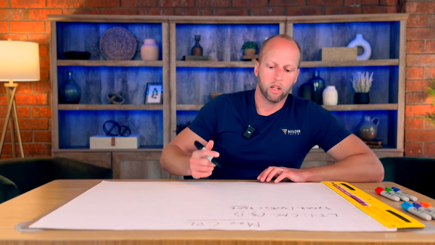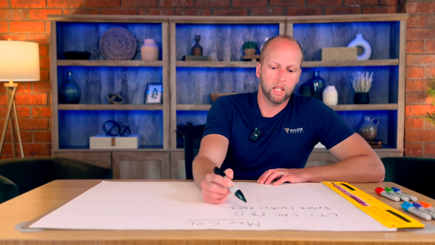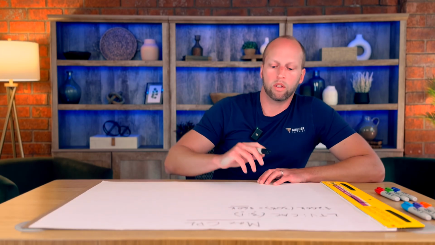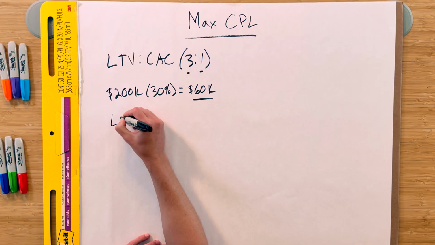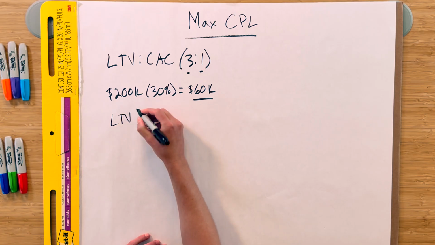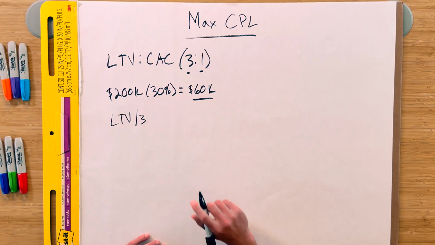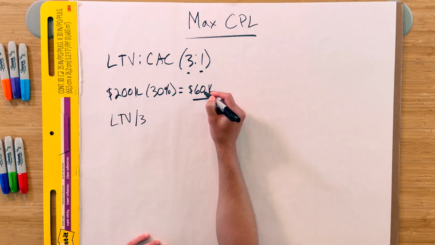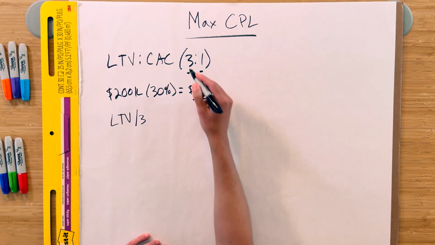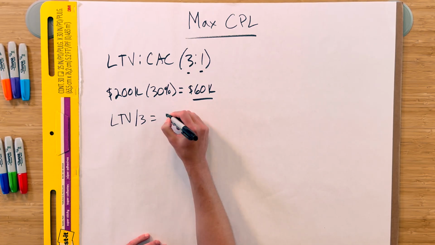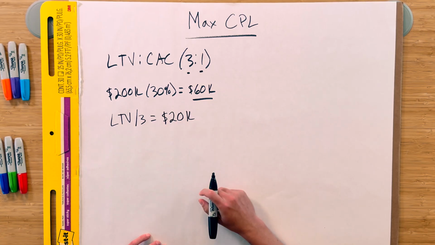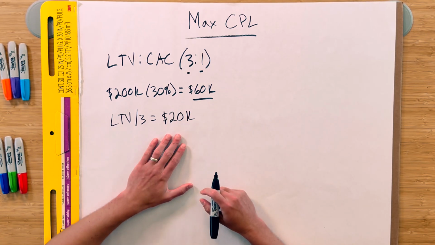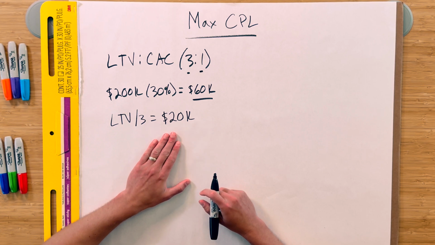Okay, great. Now, to make this 3 to 1, we need to see the most we can spend. So the equation is LTV divided by 3. We're going to take $60,000 divided by 3, and that gives us $20,000. This is the most that we can spend to acquire a customer, $20,000.